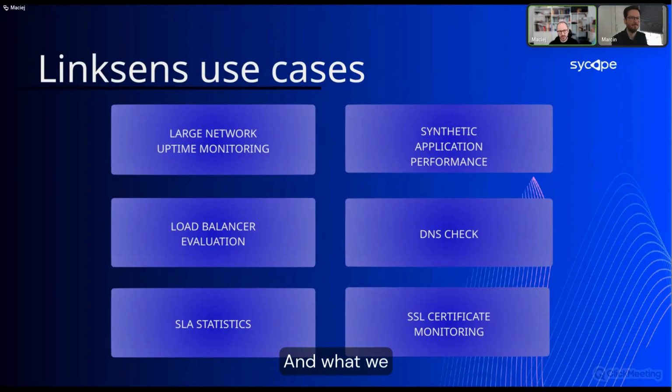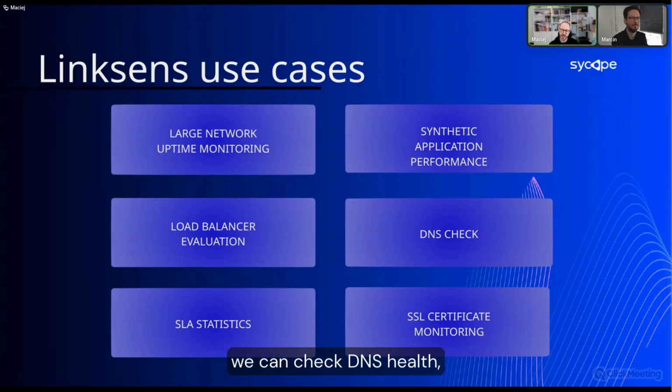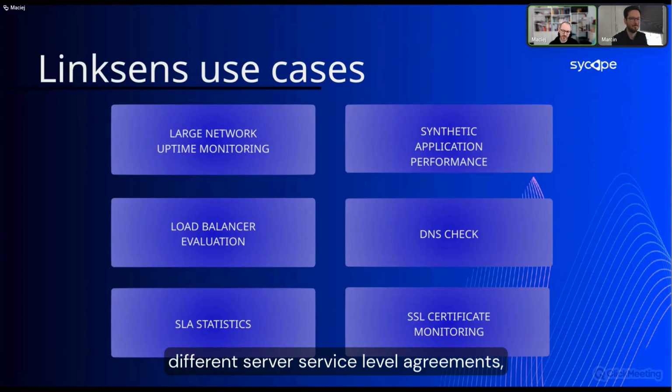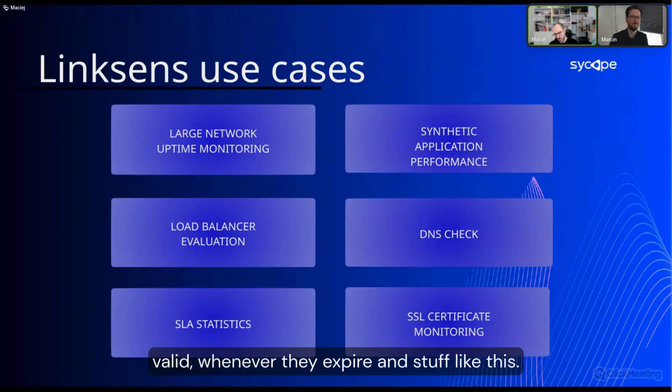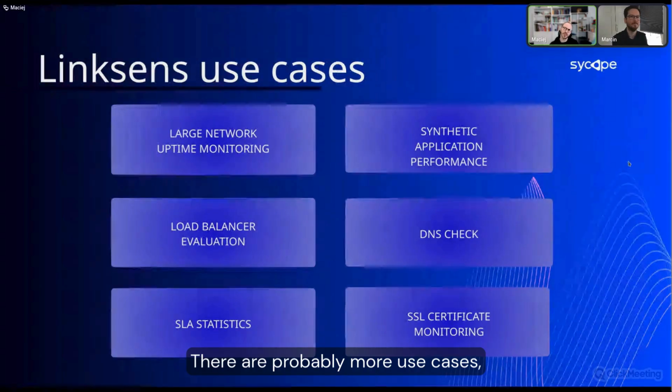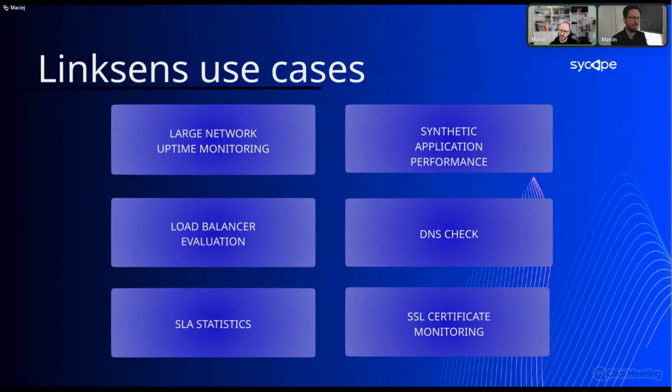And when we have those possibilities, we can evaluate load balancers, we can check DNS health, we can have statistics for different service level agreements. We can monitor SSL certificates, whether they're valid, when they expire, and stuff like this. There are probably even more use cases, but these are the ones that come to us from the top of our head.